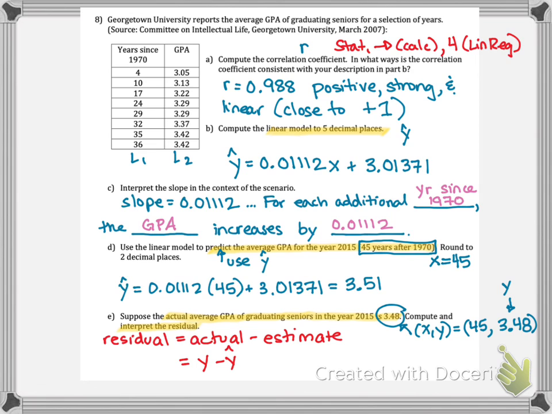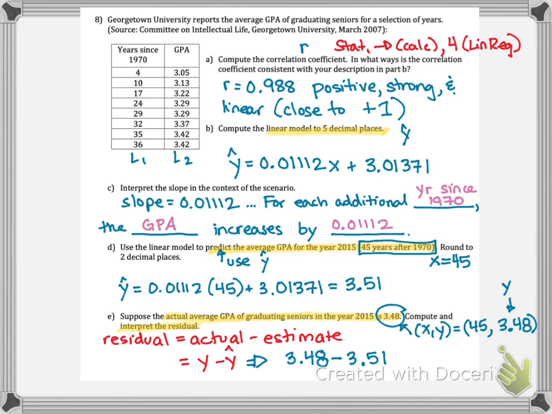All right, go into your equation for the residual. We take the actual GPA from 2015, which is 3.48, and subtract the guess, our estimate from 2015, which was 3.51.